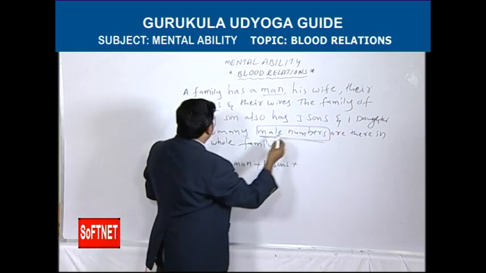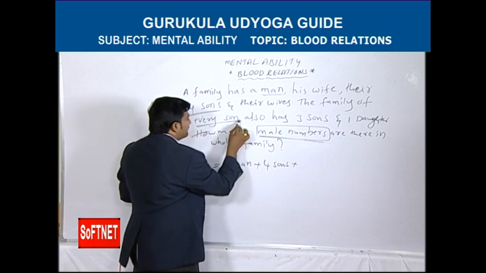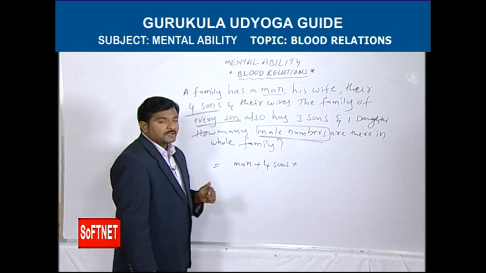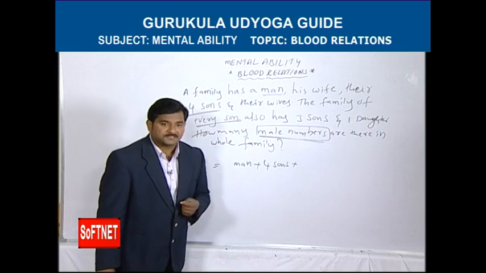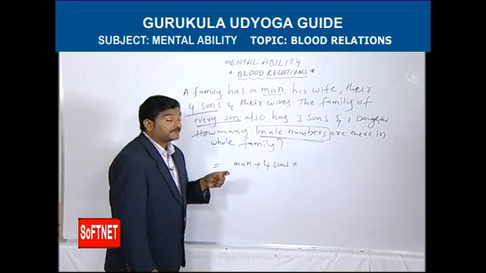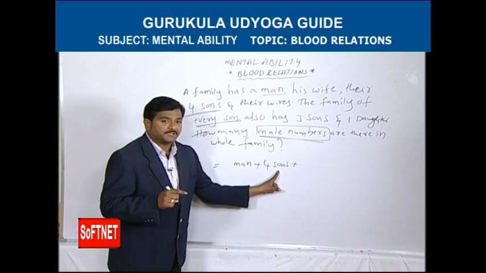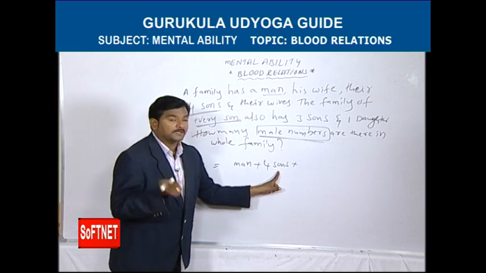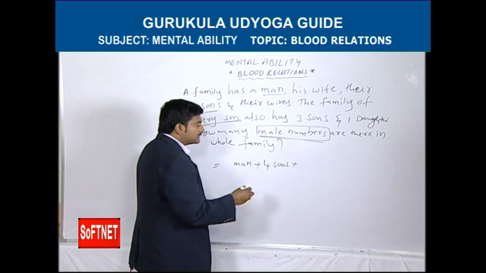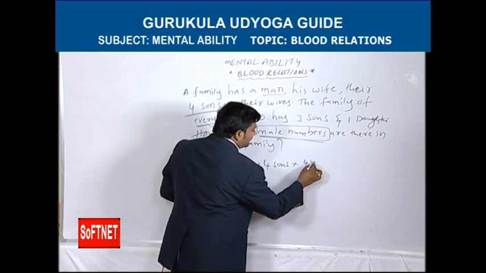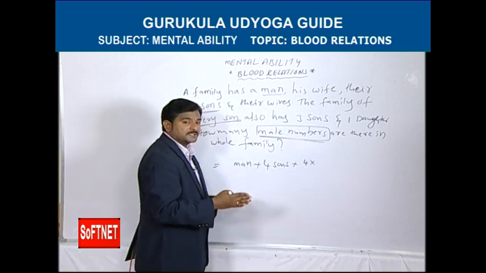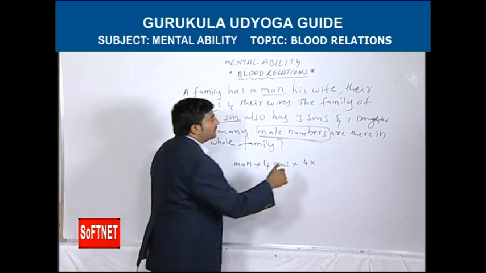The family of every son also has three sons. How many sons are there in the family? Four sons. Since I have four sons in that family, each son is having how many sons again?